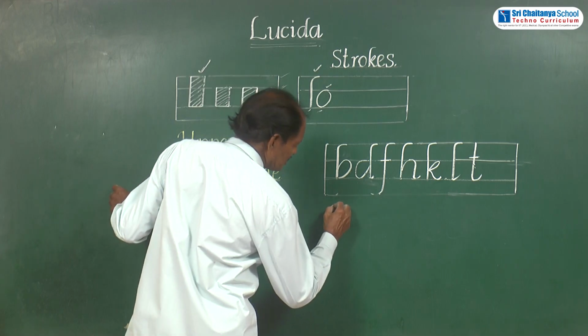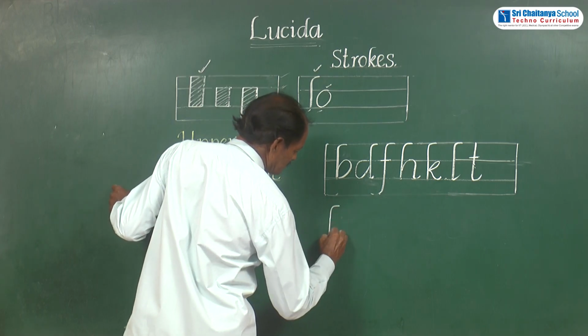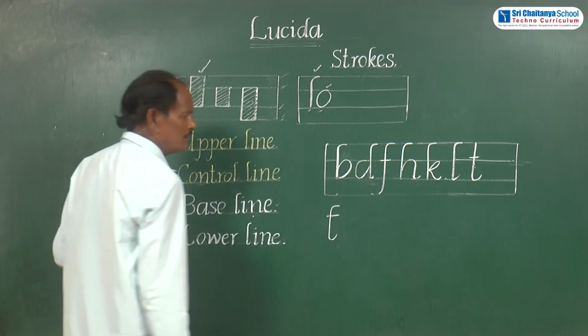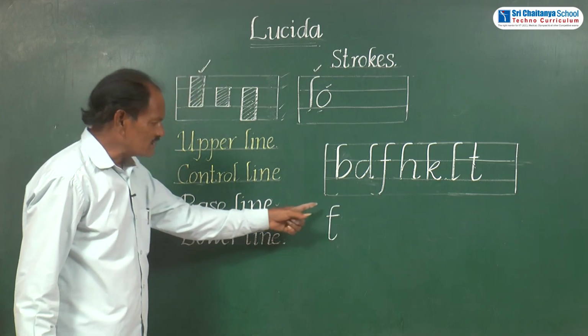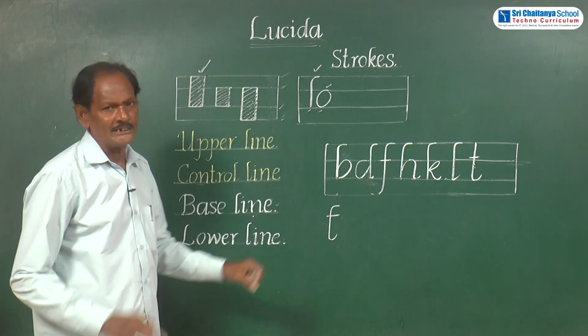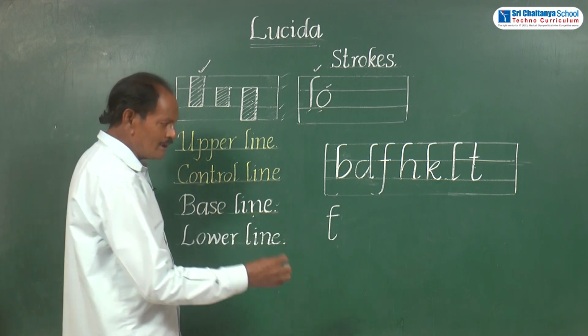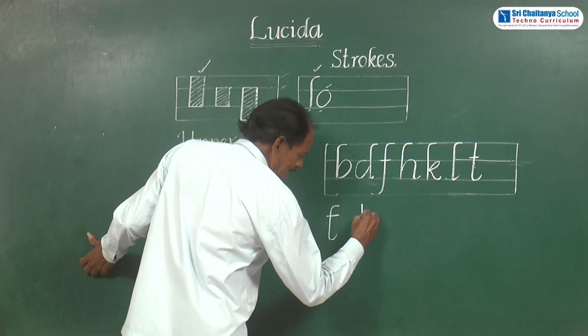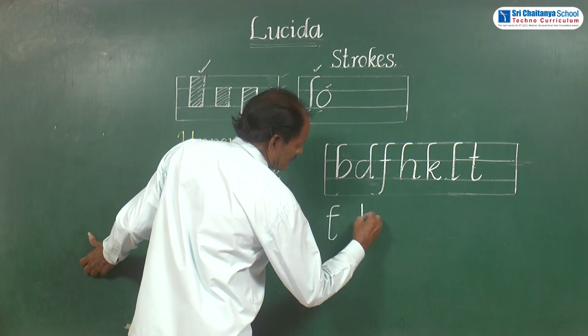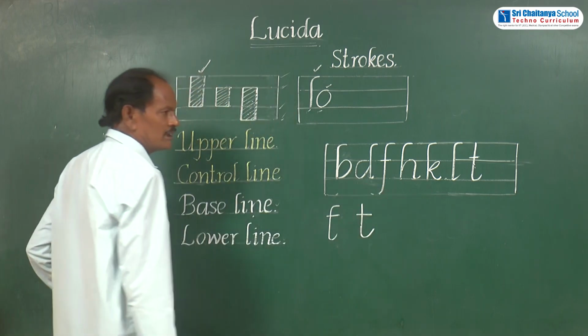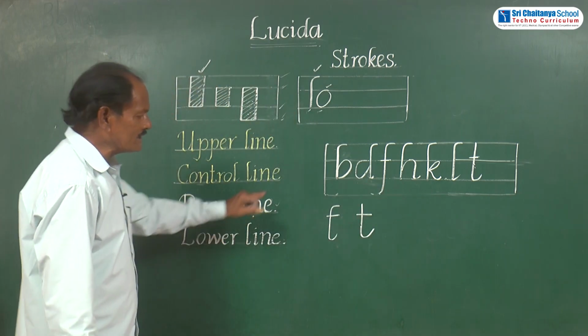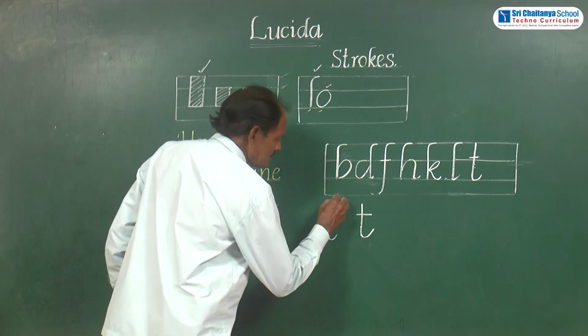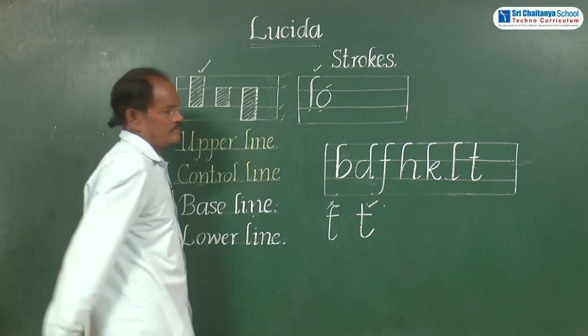And T, somebody used to write T in this way, as I told you earlier. T does not take any slant towards the right side at the top of the letter. It is only the straight line up to the base line and a curve to the right side and a hyphen at the top. So, write T in this way, not in this way, but in this way.